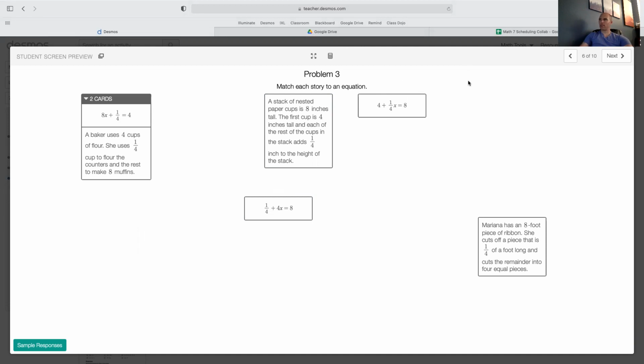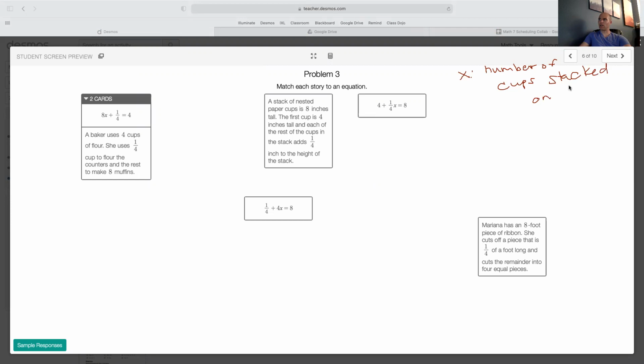And the reason for that is the first 4 you see in this equation, that's the original 4 inches height of the first cup, right? And then X in this equation represents the number of cups stacked on top of the first one. The first one doesn't count because the first one's just that original 4 inches.